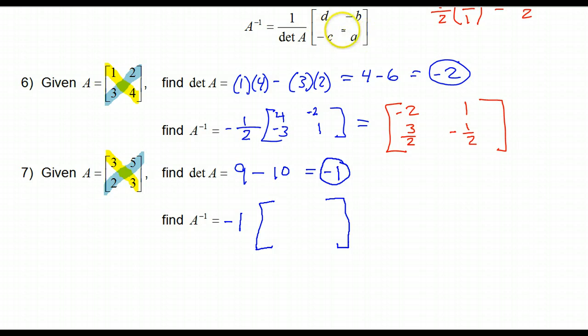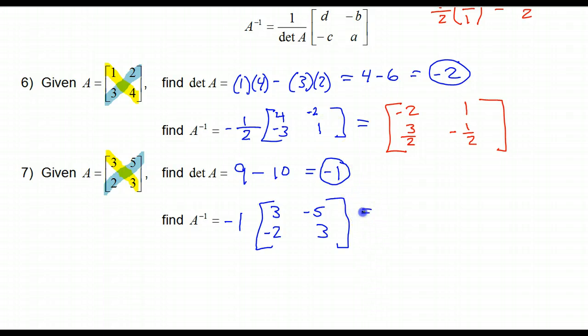Using this pattern, the down diagonal is reversed, the up diagonal is negated. So the down diagonal is reversed. Well, that's not going to really appear to change, is it? Reversing 3 and 3, it's still 3 and 3. But the up diagonal is negated, so this will be -2 and -5.